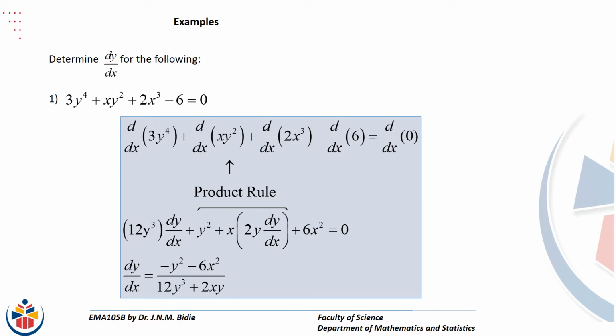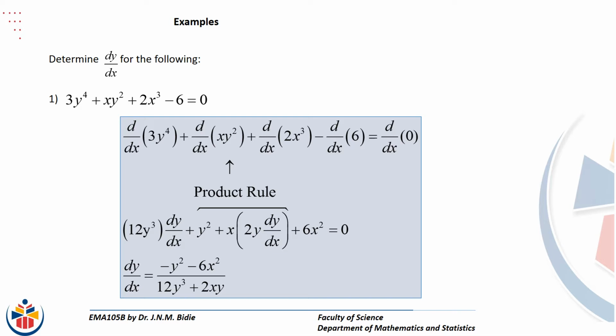Here are a few examples to implement the previous steps that have already been cited. The question says determine dy over dx for the following. Number 1, we're given 3y to the power 4 plus xy squared plus 2x cubed minus 6 equal to 0.